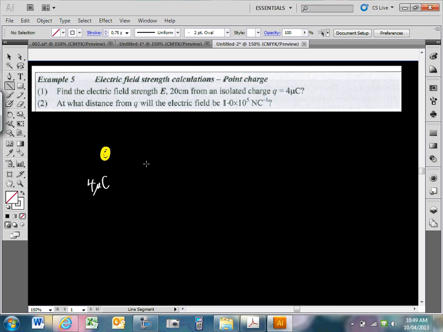I'm going to say that this distance is 20 centimeters. It might be to the right. Have a go at that, please.